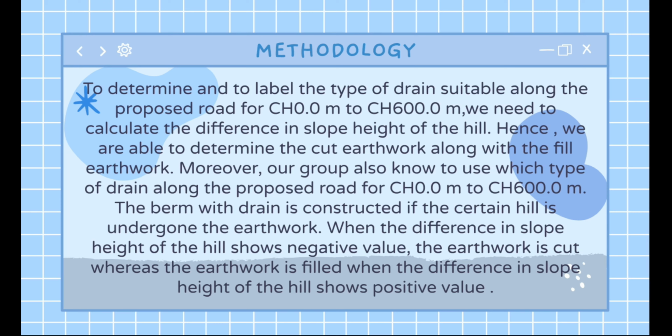The berm with drain is constructed if the certain hill undergoes earthwork. When the difference in slope height of the hill shows a negative value, the earthwork is cut, whereas the earthwork is filled when the difference in slope height of the hill shows a positive value.